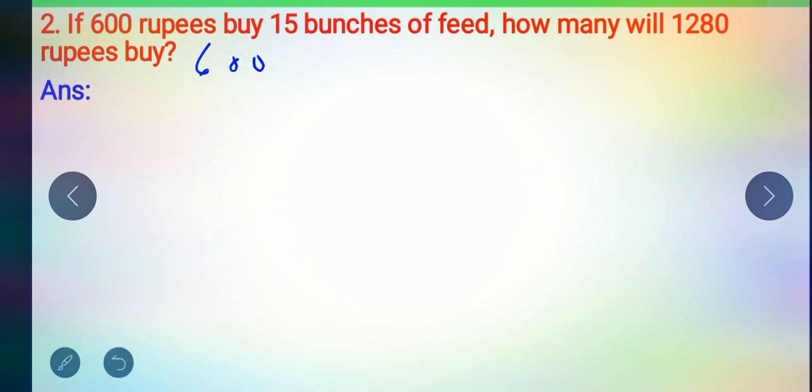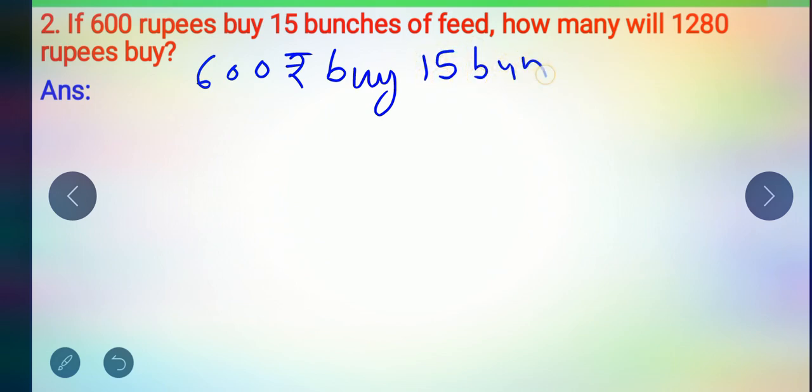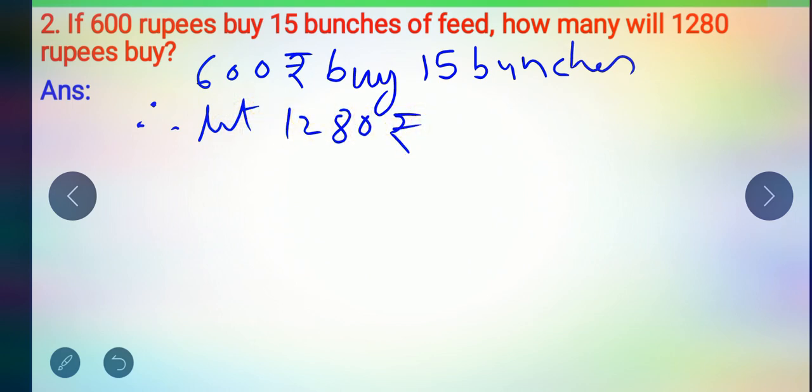So here I'll write 600 rupees by 15 bunches. Therefore let 1280 rupees by x bunches.